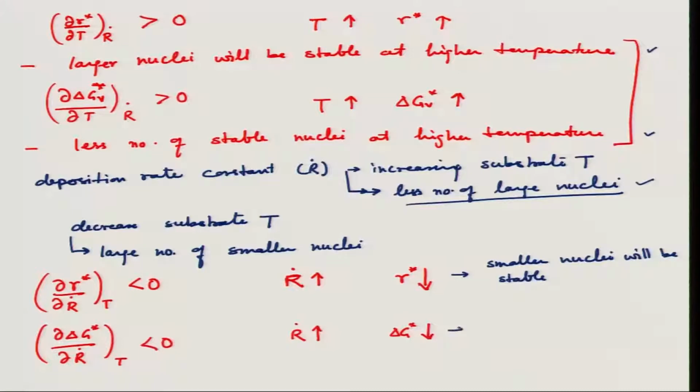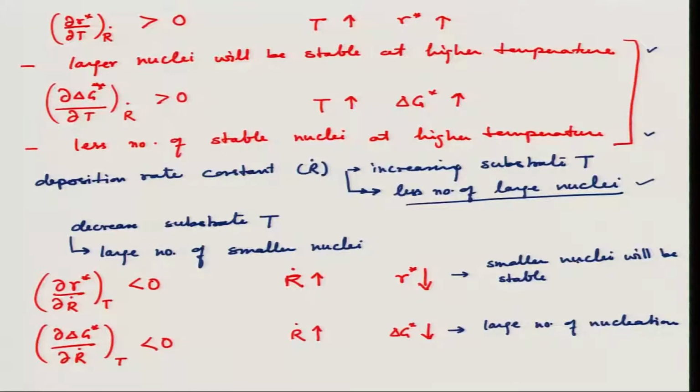And since this delta G star, sorry, this is not GV, my mistake, this delta G star will be lower, which means a large number of nucleation. So if you increase deposition rate, you will have a large number of small nuclei. If you decrease deposition rate, you will have a small number of large nuclei.